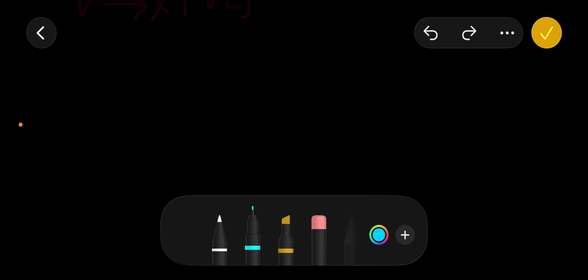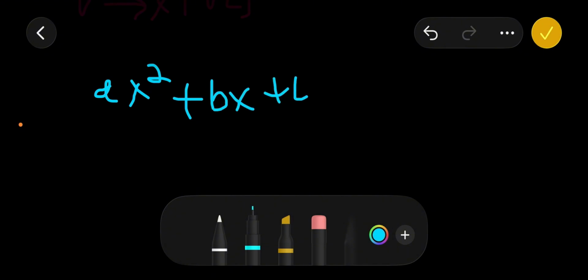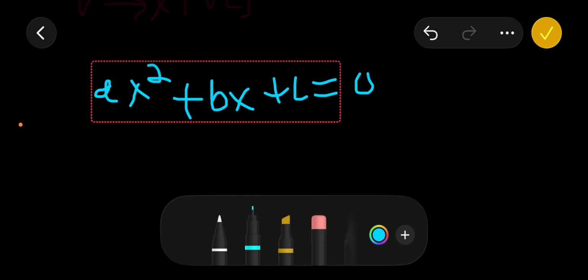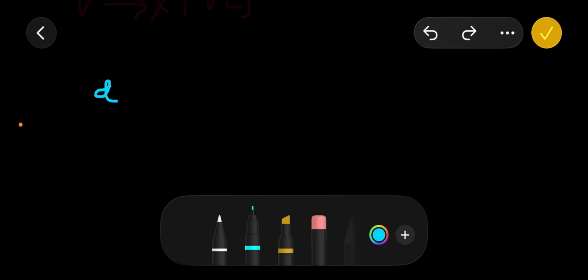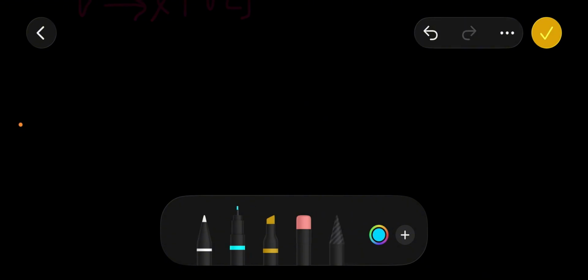Okay, so first, this is how a quadratic equation looks. It looks like ax squared plus bx plus c equals 0. I know this might be kind of confusing, but I'm explaining it to you with an example. So let's find what x equals in this solution.